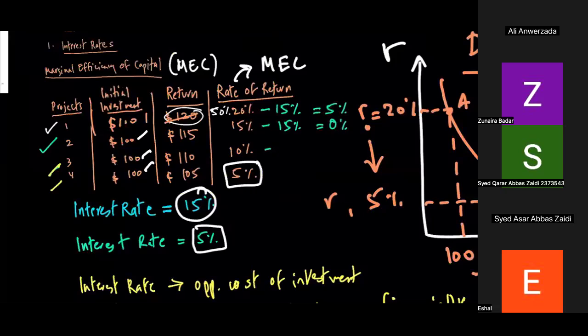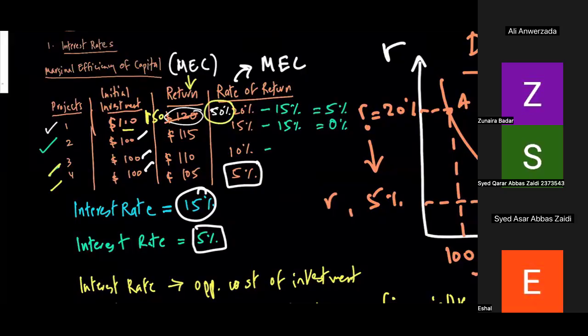What if your return goes to 150? Because your machinery becomes more capital, more productive. If your capital becomes more productive, and this goes from 100 not to 120, but 150. What does this mean? If the productivity of capital goes up, then the return from investment will go up. And if the return from investment goes up, then the rate of return will also go up.